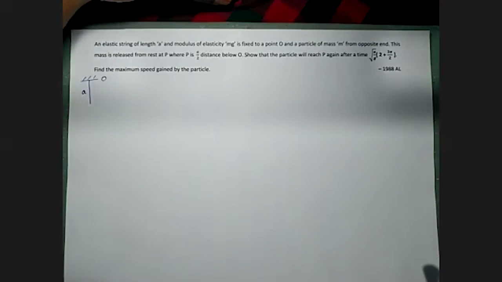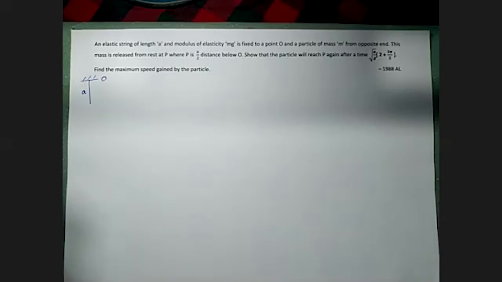This mass is released from rest at P, where P is a by 2 distance below O. So this elastic string is connected to a point O, its natural length is A. Modulus of elasticity is given as mg.